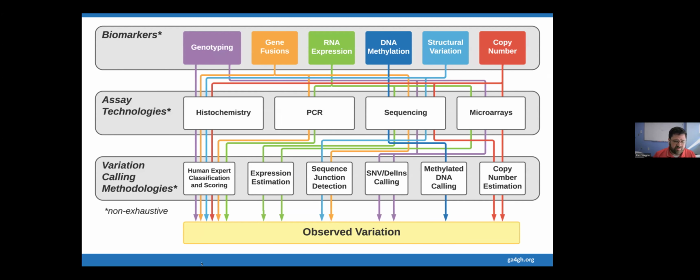But that represents just a very small sliver of all the different types of clinically relevant biomarkers that we assay for using different types of genomics technologies, which include not just sequencing, but also microarrays and PCR and histochemistry. And then the outputs from those can be scored in a myriad of different ways. For us to be able to reconcile all this, we need versatile, flexible structures that allow us to represent data that come from all these different underlying assumptions about the biomarkers and the assays, et cetera.